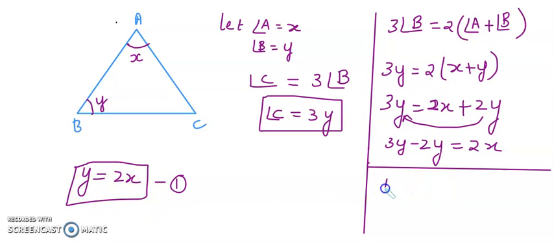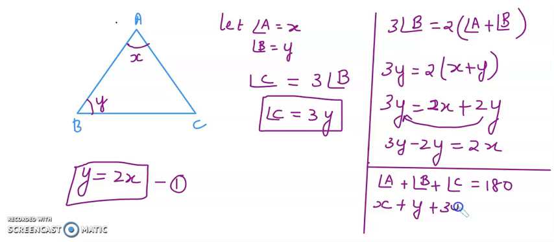The second equation: angle A plus angle B plus angle C equals 180. Which rule? Yes, angle sum property. The angle sum property says that when you add all the three angles of a triangle, it should equal 180. So should we say X plus Y? What should I write for C?